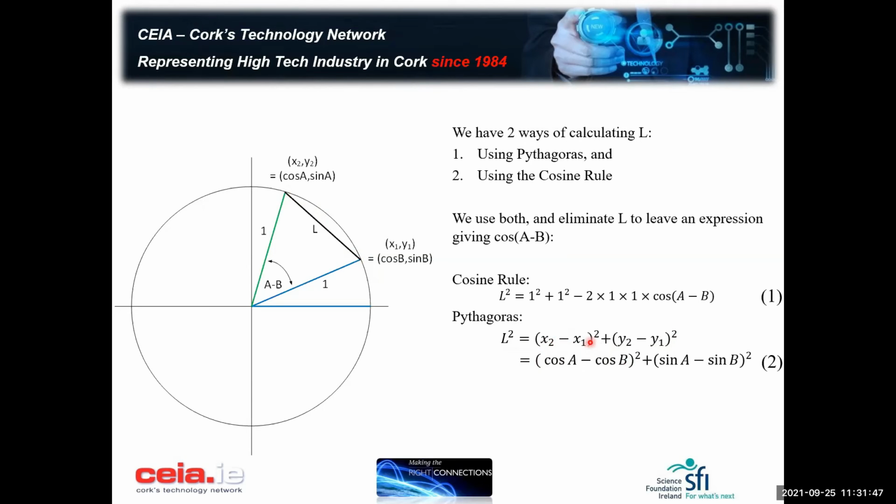And we can replace the x2, x1 by the cosines and the y values by the sines. And now we have everything in terms of the sines and cosines of the single angles. So let's proceed with that.